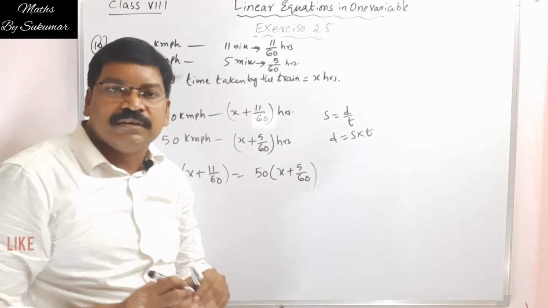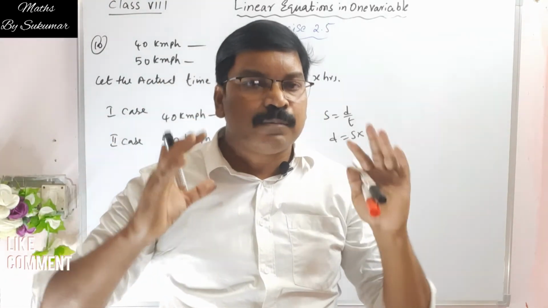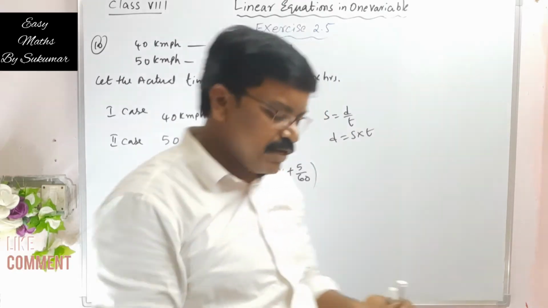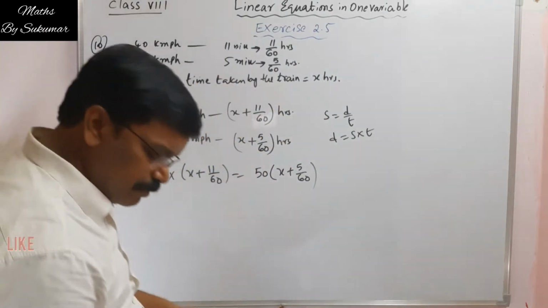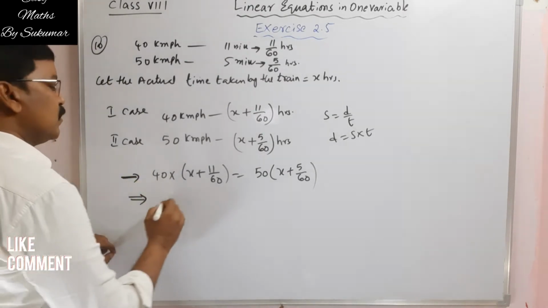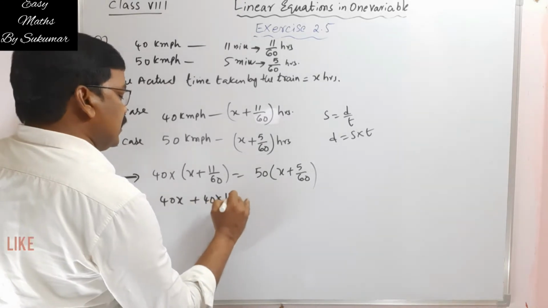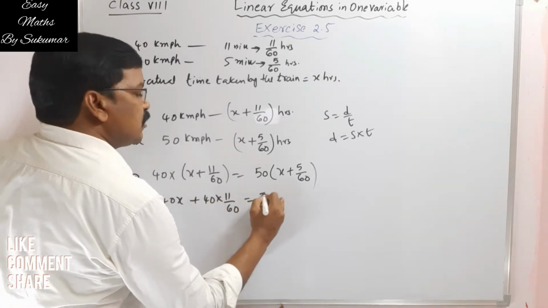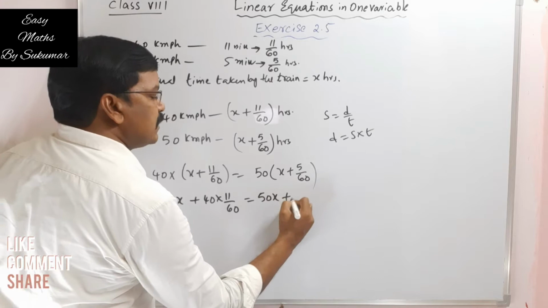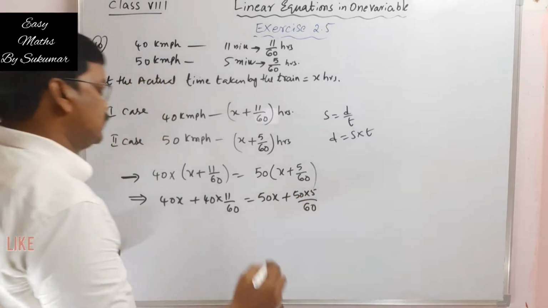As I told you, in both the cases, the distance covered by the train is same, right? Now here, just we simplify. This implies 40x plus 40 times 11 by 60 is equal to 50x plus 50 times 5 by 60, right?